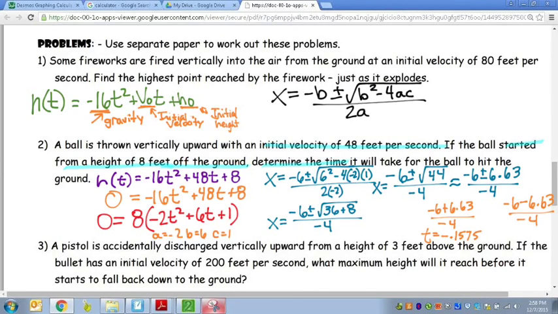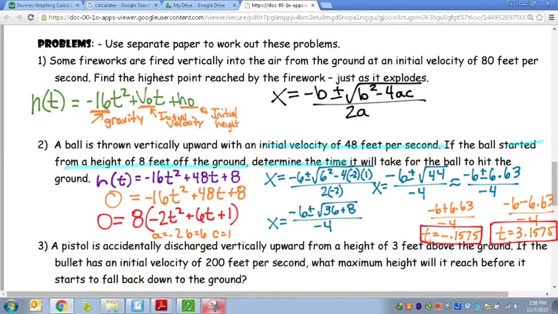Let's try negative 6 minus 6.63, and then divided by negative 4, I get a time of 3.1575. Okay? So, looking at my two answers that I've just got, I have two different times.